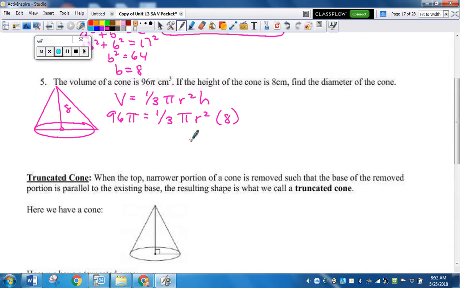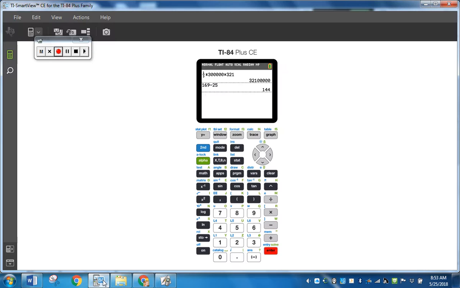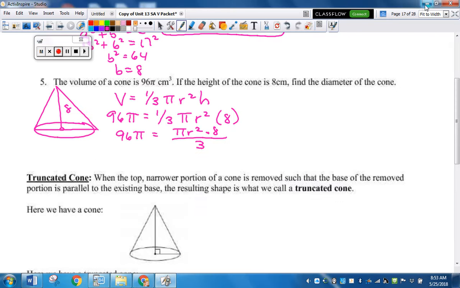All right, so I've got a 1/3 over here. So if I multiply both sides by 3, or in other words, I could write it like this, if that helps: pi r squared times 8 all over 3 is the same thing as times 1/3. If I cross multiply here, I want 96 times 3, 288.